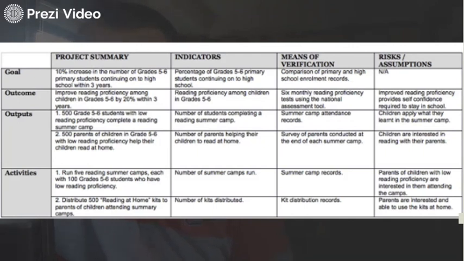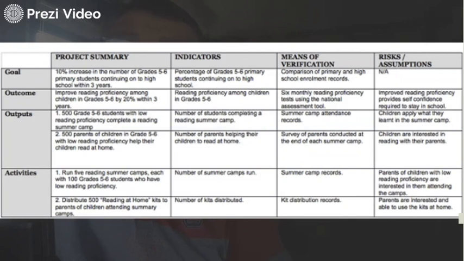Notice it's a very specific goal. It has a specific target. And the indicator would be the percentage of grades 5 and 6 primary students continuing on to high school. And the means of verification would be the comparison of primary and high school enrollment records.